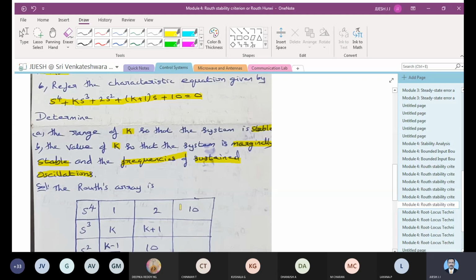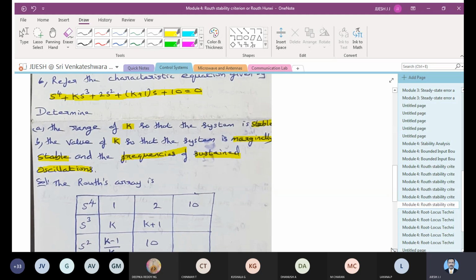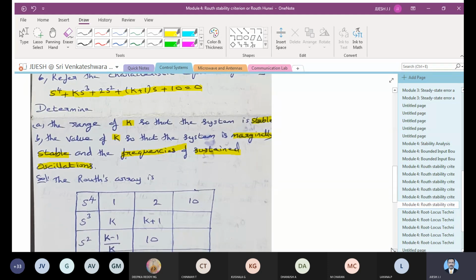Then k into 10 minus 1 into 0 divided by k, you'll get 10. These are all very easy to solve. No need of a calculator; you should be able to do it in your mind itself. So you'll get (k minus 1) by k and 10. Rest of the coefficients you find out.